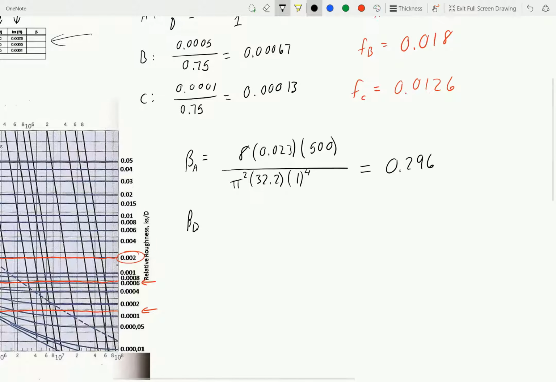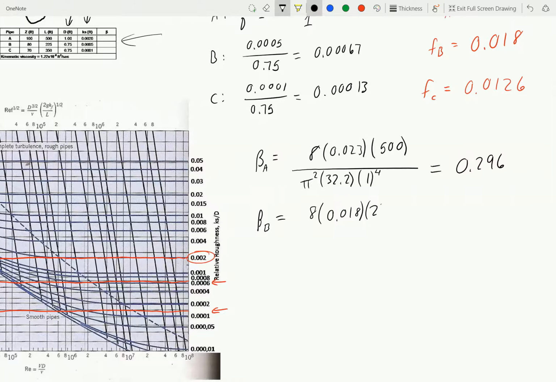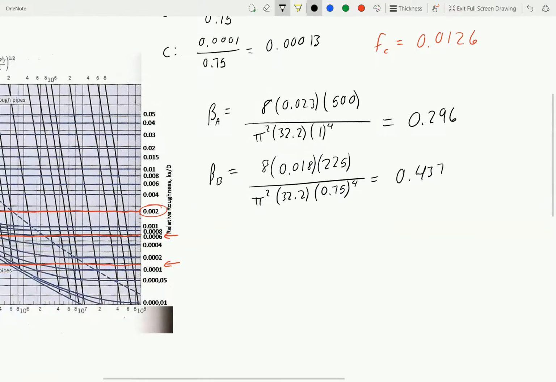Then we'll do the same for B and C. So we have 8 times the F value, which is 0.018, which we read from the Moody diagram. The length of this pipe is 225 feet. We still have our pi squared G on the bottom, times the diameter, which this time is 0.75 feet, to the fourth. And we get our beta value as 0.437.